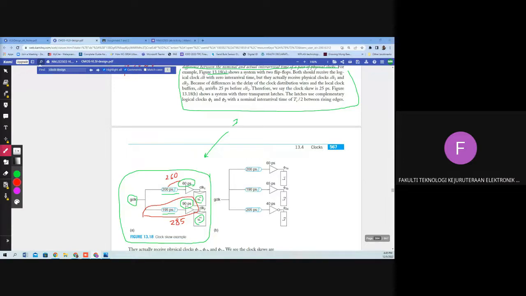Right, so when you read this, both should receive the logical clock CLK with 0 inter-arrival time. That's what we call the ideal case.